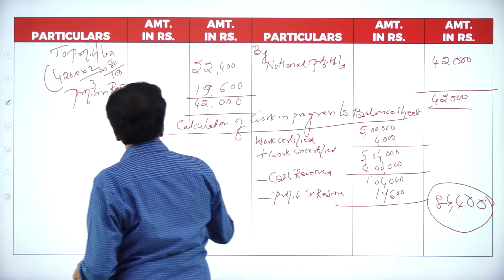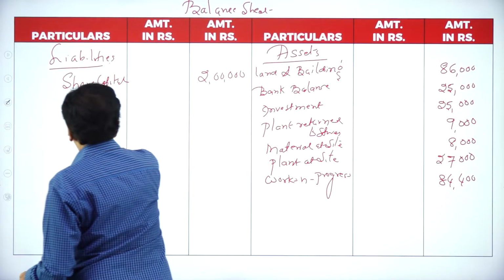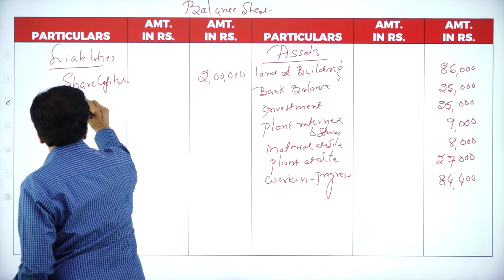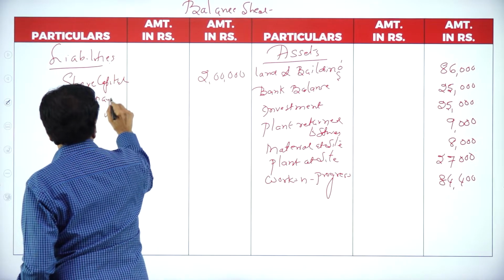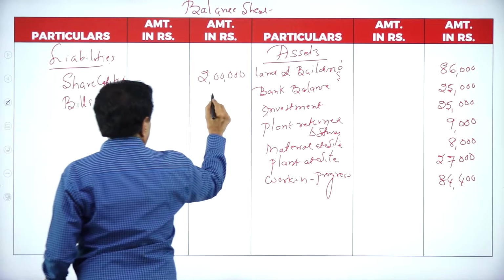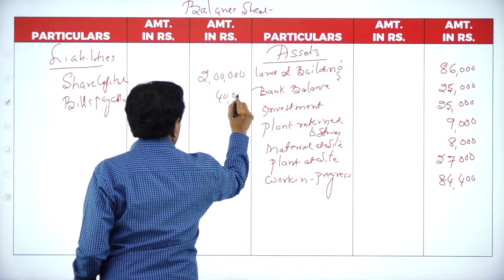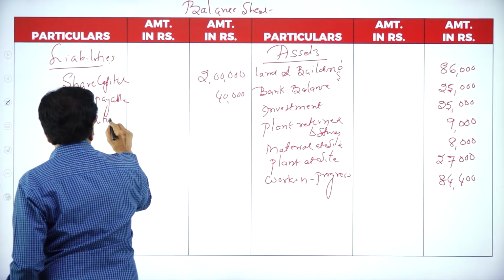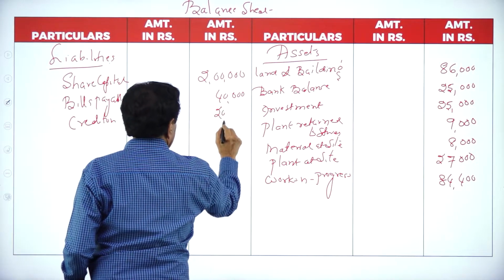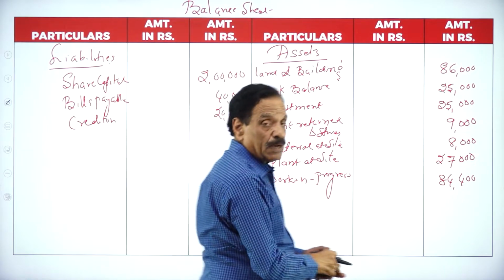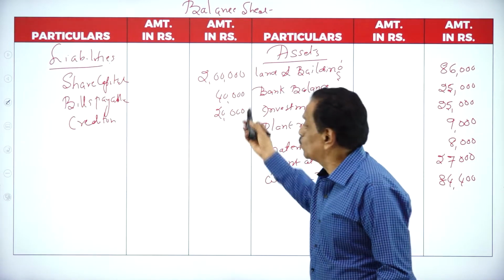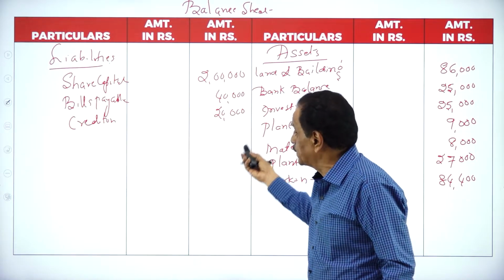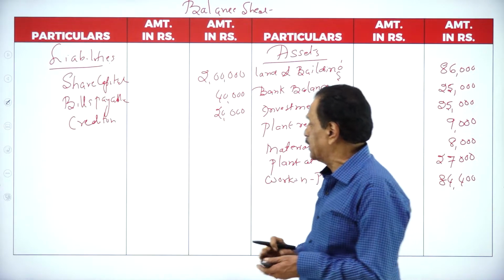Bills payable 40,000. Creditors 20,000. Liability side: share capital 2 lakh, bills payable 40,000, creditor 20,000.